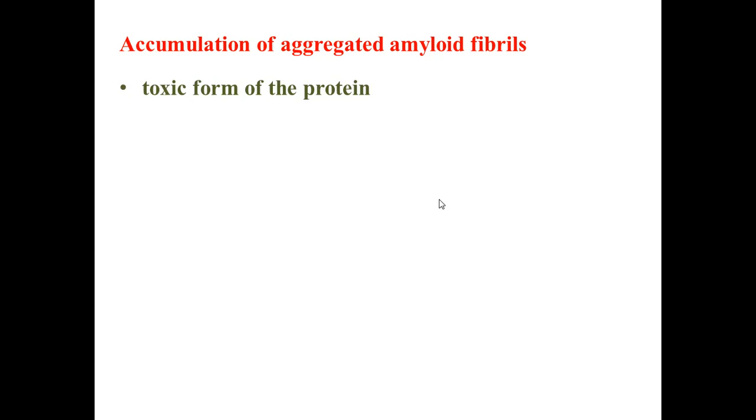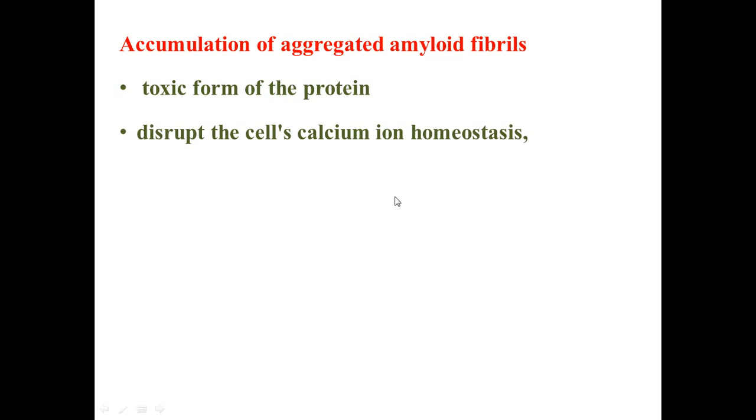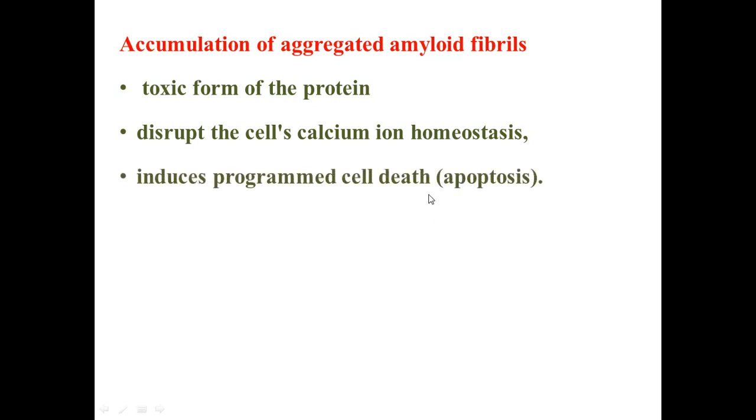So the accumulation of this aggregated amyloid protein causes a toxic effect. It is a toxic form of protein. Second, it disrupts the cell's calcium ion homeostasis. Calcium ion is very important for various processes in the cell. Next, it induces apoptosis. What is apoptosis? That is programmed cell death.